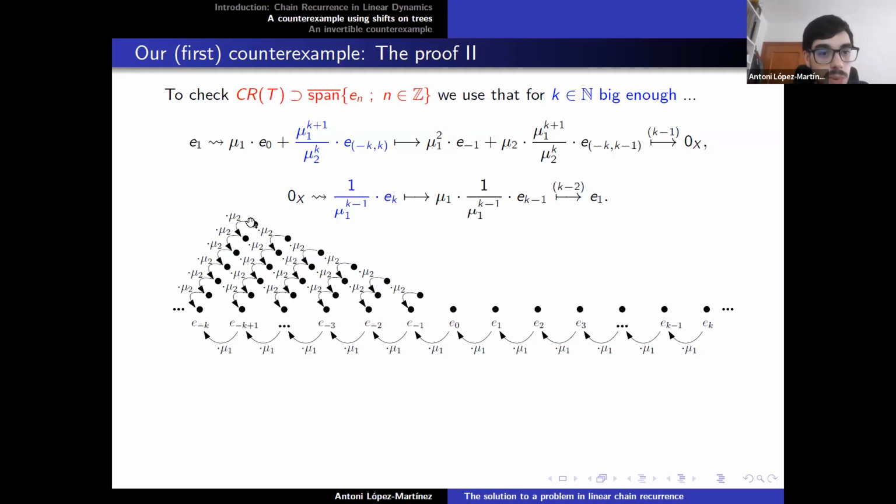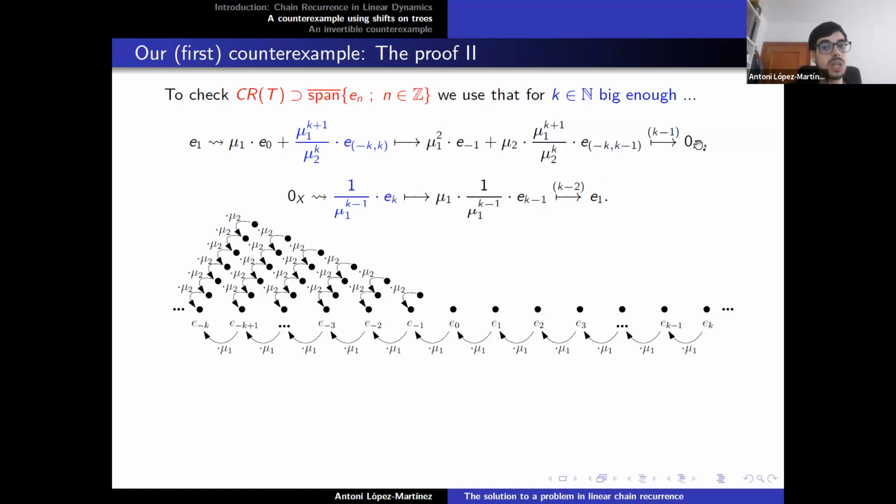So then what I'm doing is putting some perturbation just here in the minus k vector. And now you just have to apply the operator k times, so that the value that we have put here is coming down, and the value that we have in e_0 is coming to the left, so that they collapse in minus k, and you get the zero vector. So you have a delta chain from e_1 to the zero vector.